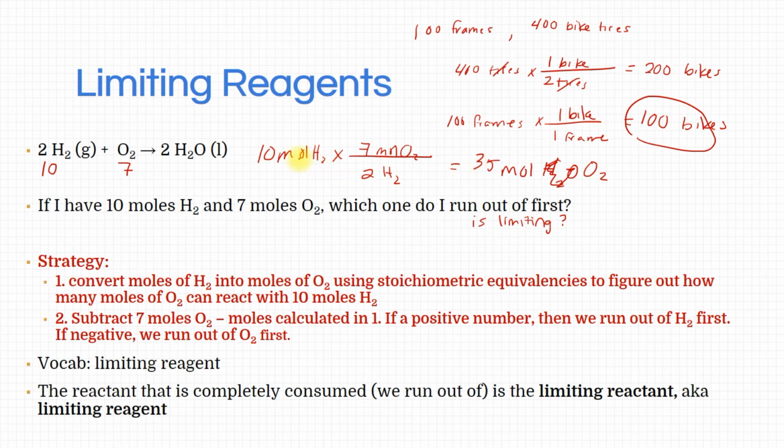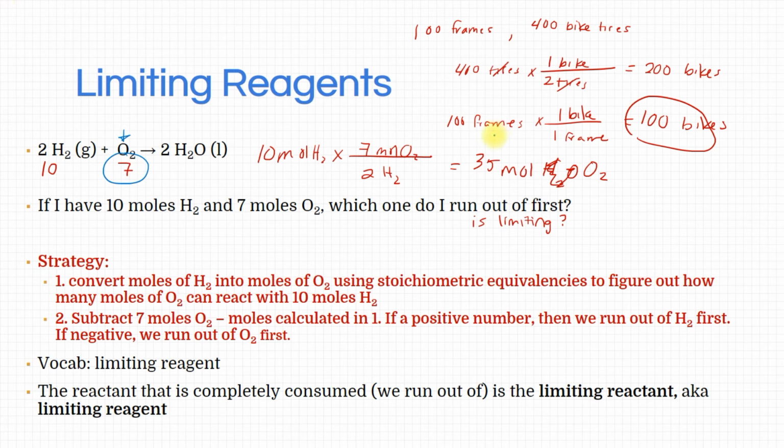So if I base it on hydrogen, it's going to react with 35 moles of O2. Then the question I ask myself is, do I have that much? And the answer, of course, is no, I don't. I only have 7 moles. So that means that I'm going to run out of oxygen way before I run out of hydrogen.